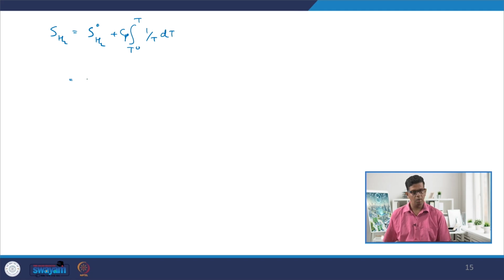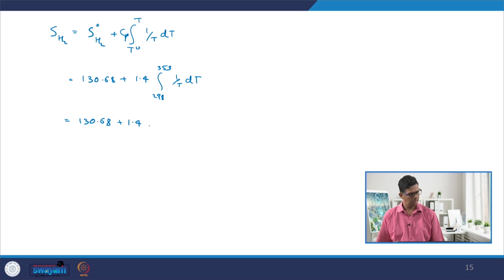So, the entropy of hydrogen is 130.68 plus Cp, which is 1.4, integration from 298 to 353 of 1 by T dT.